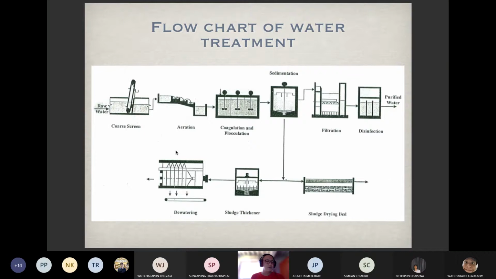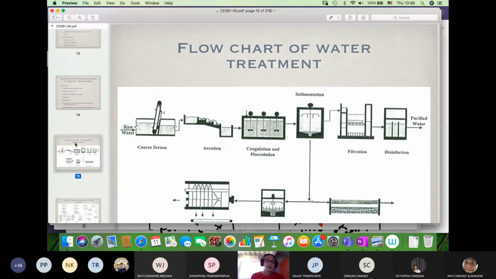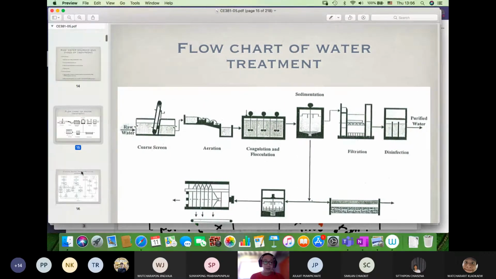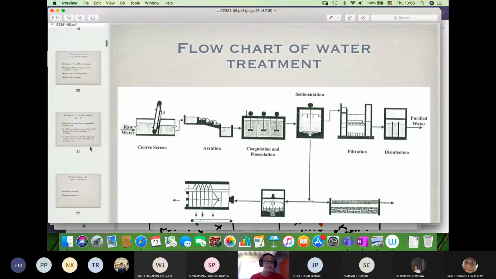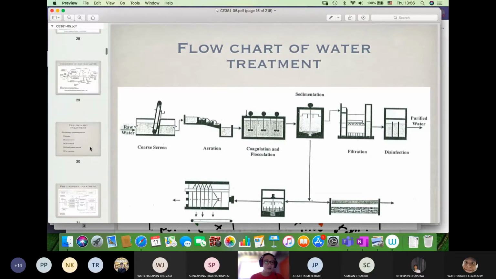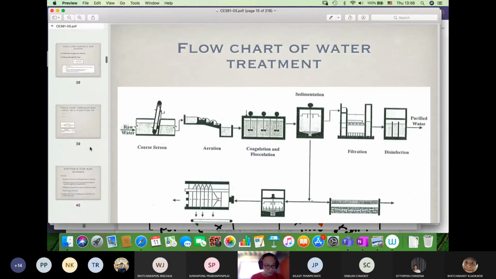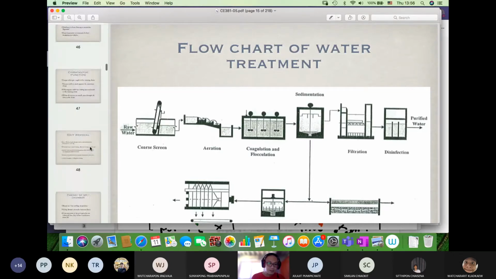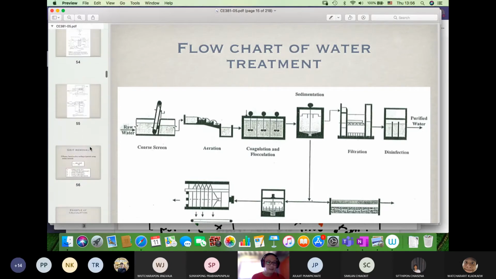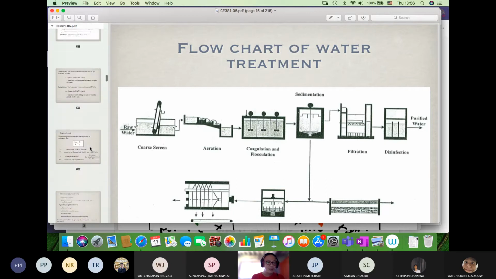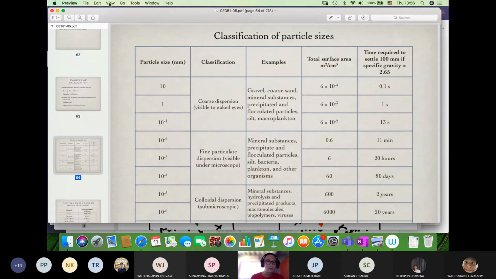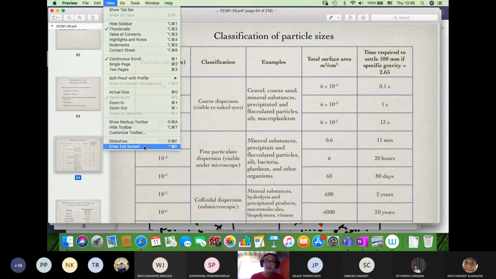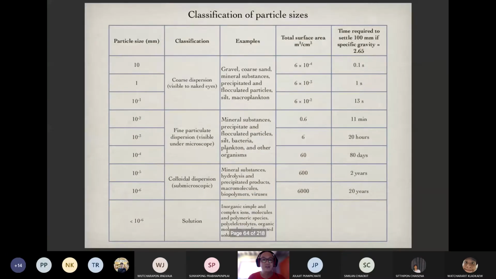As you may be aware about the colloidal particles. What are colloidal particles? If you take a look into the size of the particle, here is the classification of particle size.